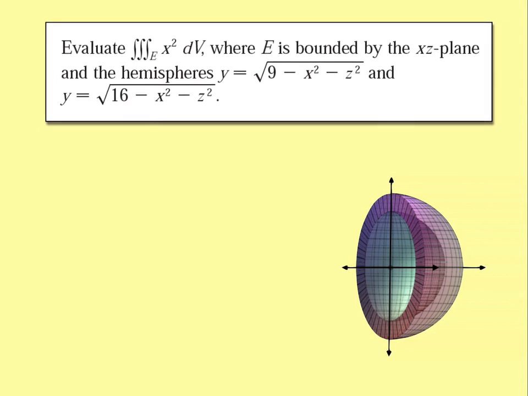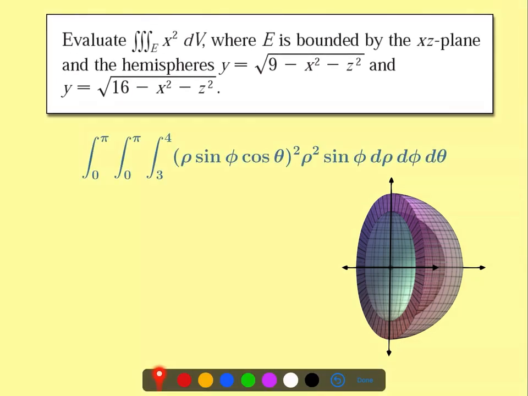So to put this setup up here, I'm going to have theta again going from 0 to pi. Phi was going from 0 to pi, and rho was going from 3 to 4. X is rho sine phi cosine theta. Again, you can help remember what this is by thinking of this as r cosine of theta. And if you don't remember what r is, remember that this rho squared sine phi is really rho times r.